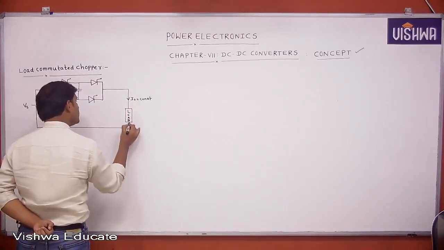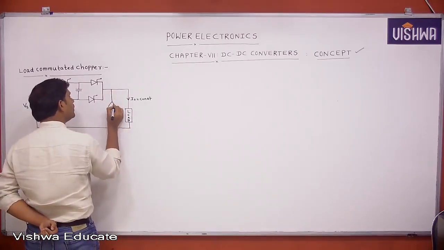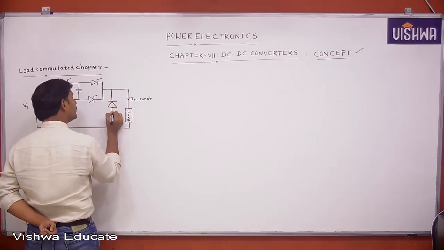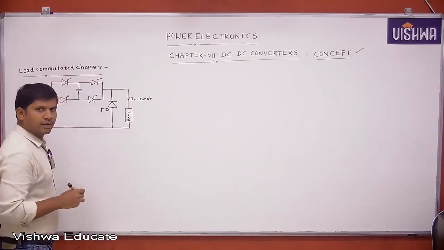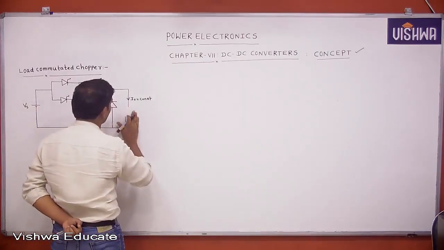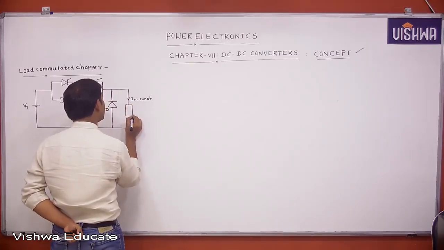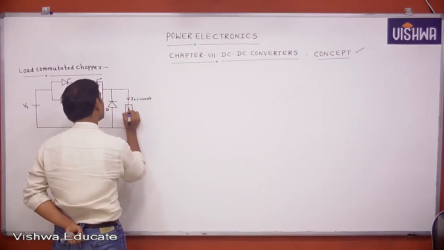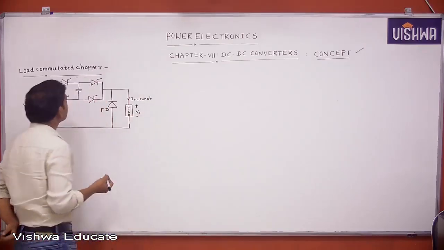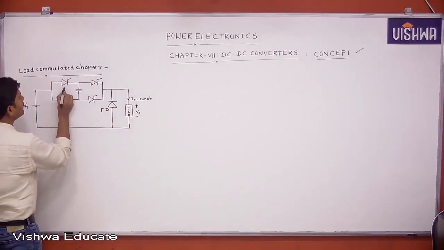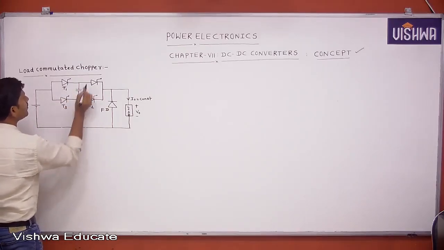The supply voltage is Vs. Let this be the freewheeling diode, and this is the load. Let the load voltage be V0. Let T1, T2 be one pair, and T3, T4 another pair.